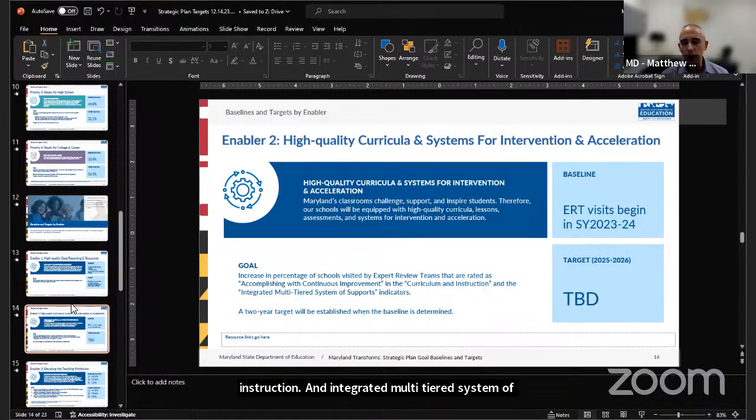As you know, the review team visits began not long ago, so we do not have a baseline. Since our baseline will be this current school year, we'll project that target out for 2 years to match all of the other metrics. So that target will be 2025-2026. And we can expect to do that next year once we have data from the expert review team visits.